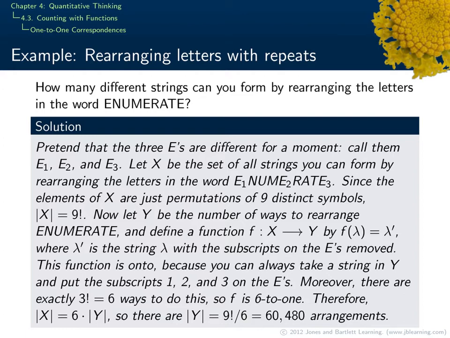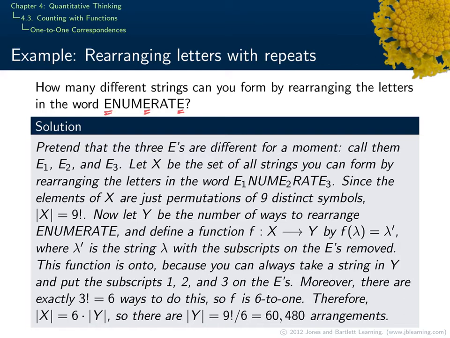In that word, all of the letters were different, and that allowed us to fairly quickly compute the number of rearrangements just using the permutation formula. But here we have a complication in that we have some repeated letters. In particular, these E's are repeated, and that complicates matters for us.